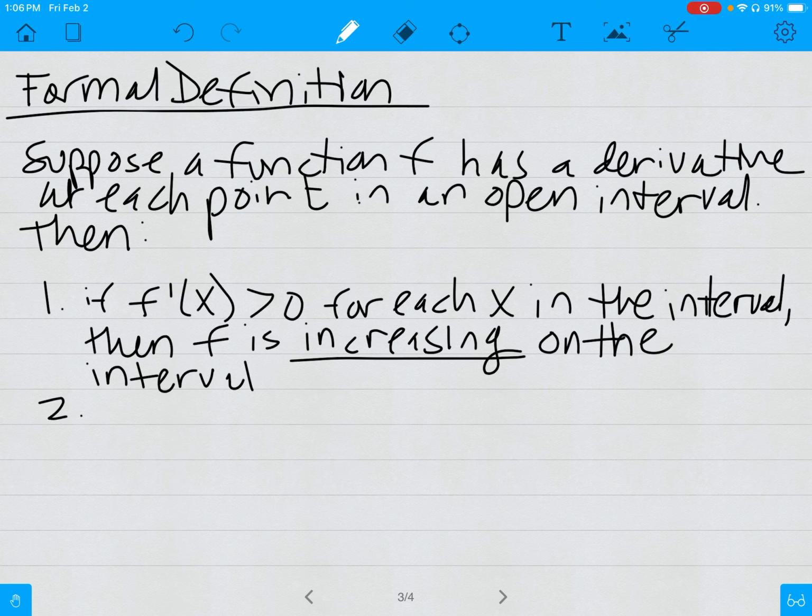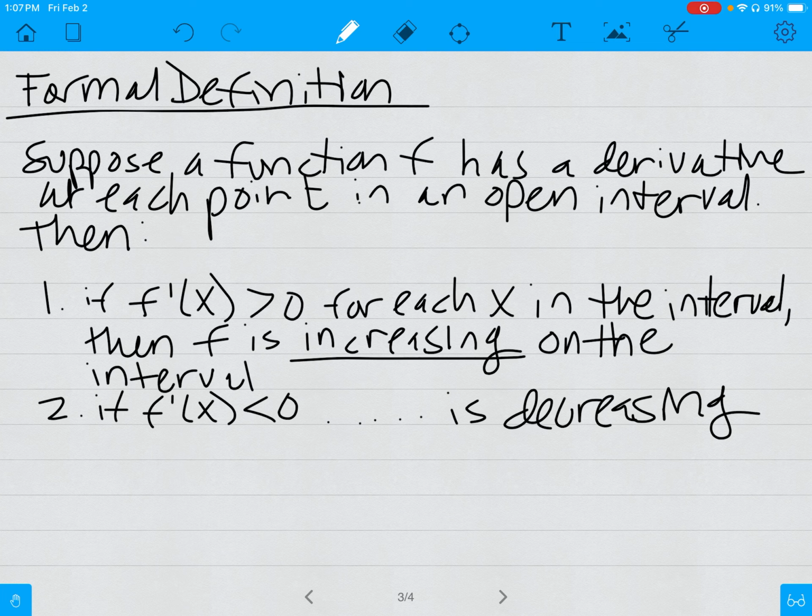Okay. If f prime of x is less than 0 for each x in the interval, then f is decreasing on the interval. So same wording in both of these descriptions. It's just the sign of the inequality is the opposite, and one says increasing and one says decreasing. So that's why I haven't repeated the language on these two lines. I left some dots in there.